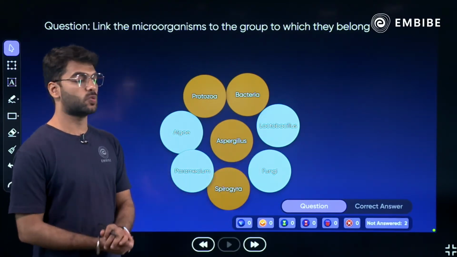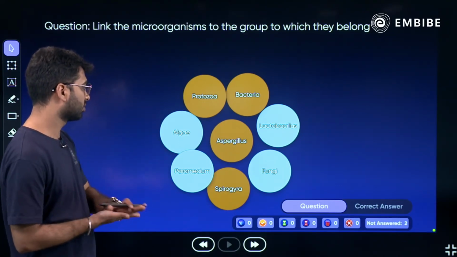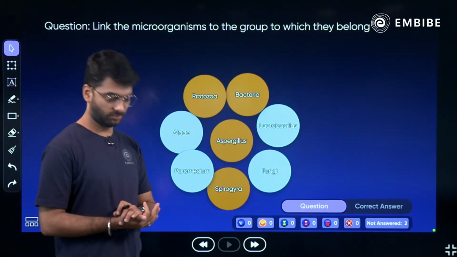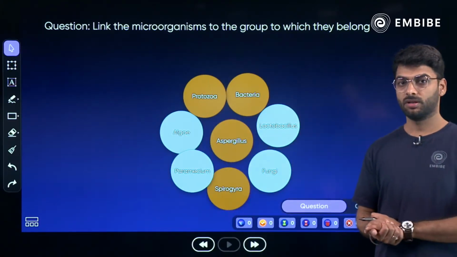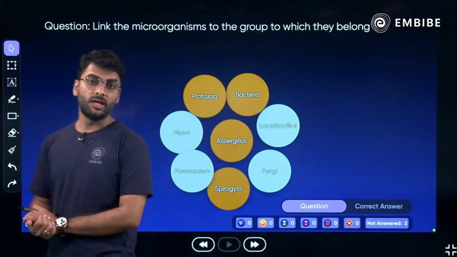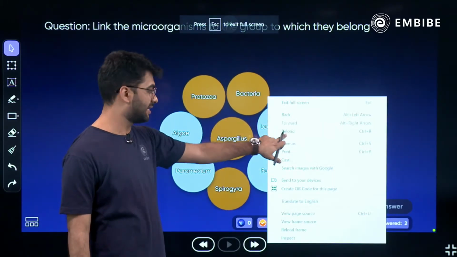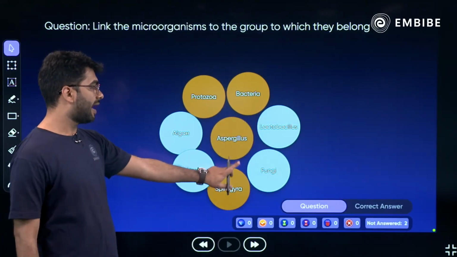Come on guys, answer this question, very easy. Don't know? Okay, no problem. So the answer will be that bacteria is lactobacillus. You can see bacillus in the name itself, bacteria. Fungi will be aspergillus.